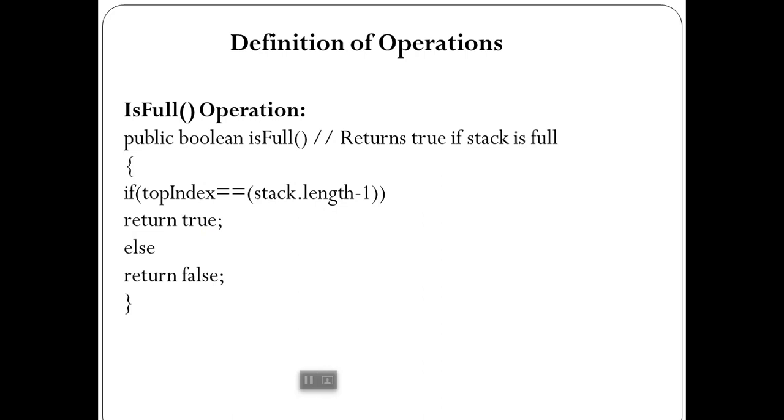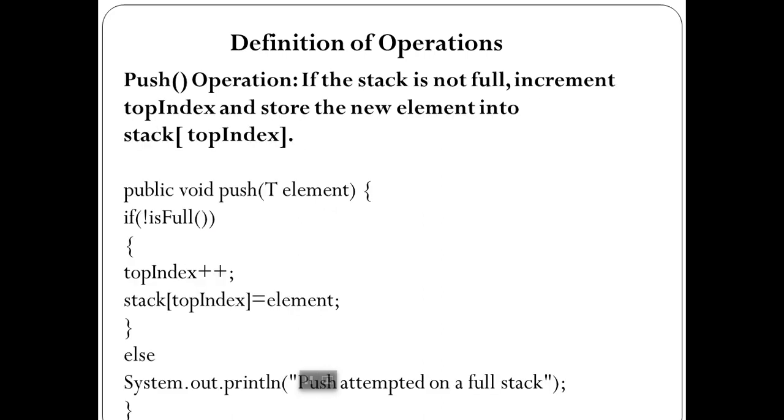Clear? Now moving on to the push algorithm, the push operation. Push is nothing but adding an element into the stack. The first thing for adding an element is to check whether the stack is full or not.